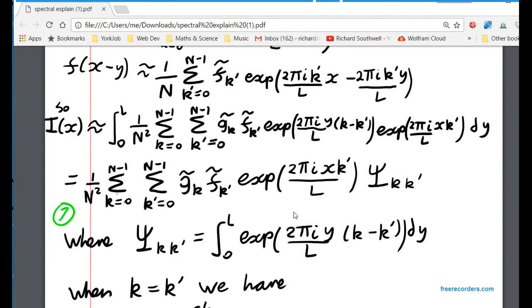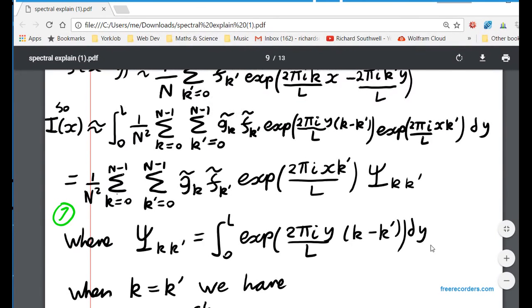All I've done is move the integral and the terms involving y to the right of the sum, and then introduce this new symbol to package them all together. But that's nice because this is just an integral from 0 to L of some exponential thing times y.